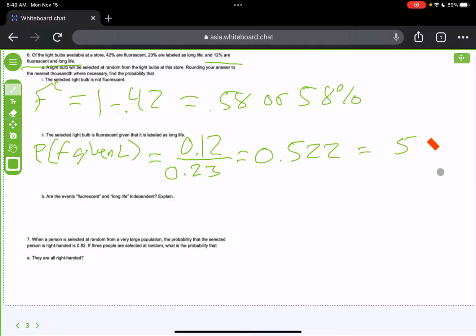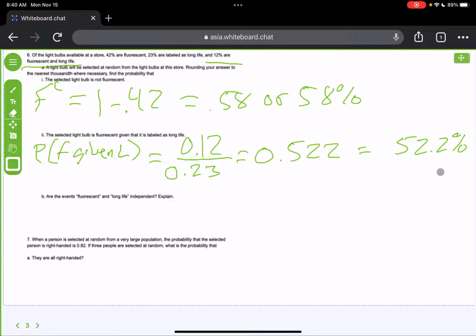It told us what it was. So that's when we use it. Claire? Yes. Okay. So we would call this 52.2%. Okay.